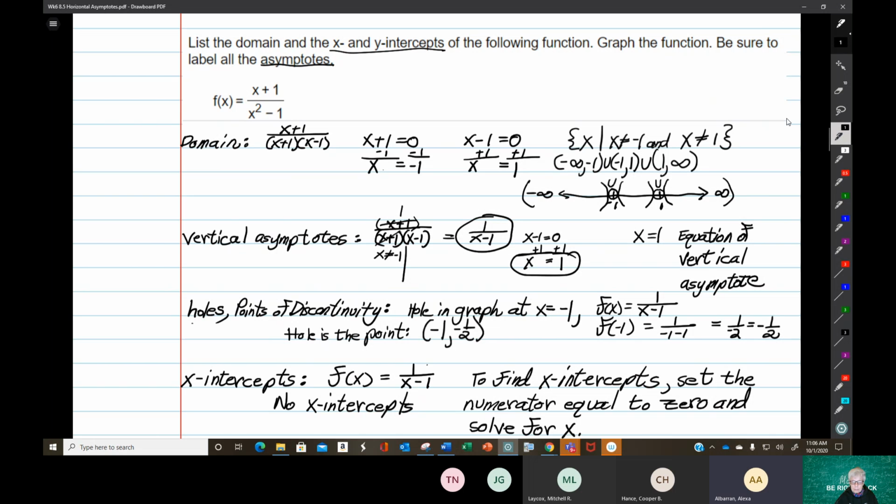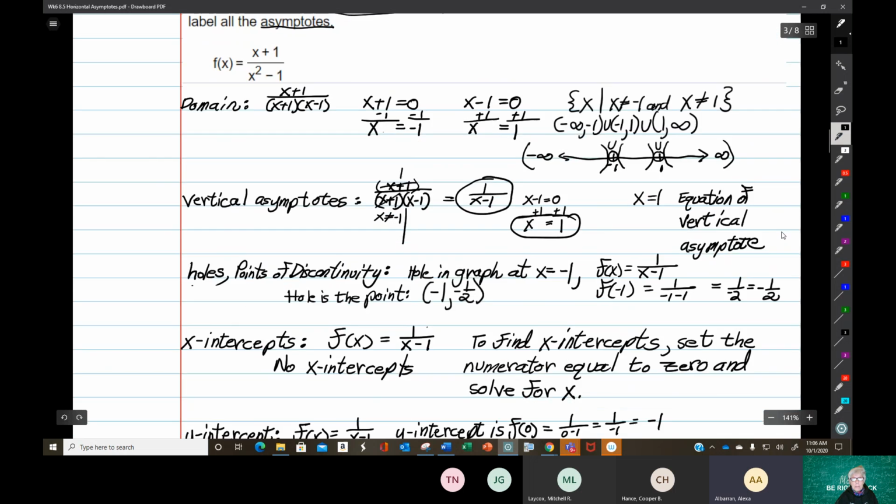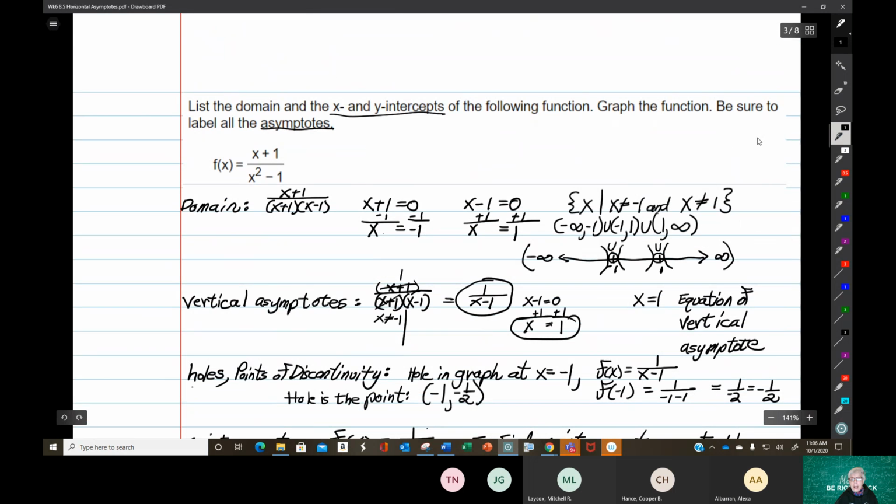Another question is, is that the order that we're supposed to solve this in? No, you can make up your own order. They'll be asking you things. For instance, it says, list the domain and the x and y intercepts of the following function.